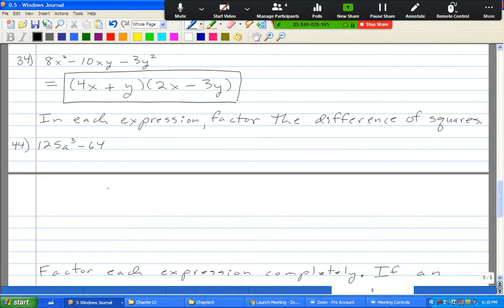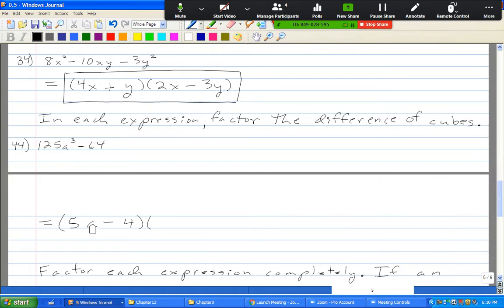Okay, so it must have said difference of cubes, because this is a difference of cubes. Okay, so the cube root of 125 is 5. Cube root of a cubed is a. Cube root of 64 is 4. You keep the same sign.